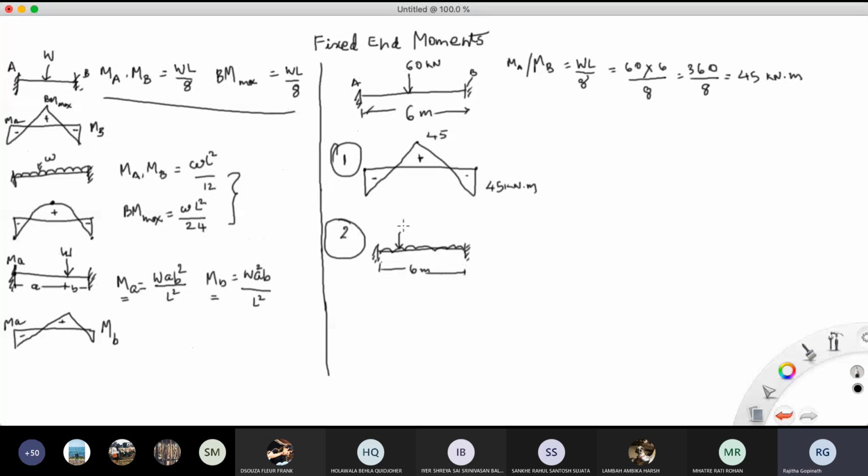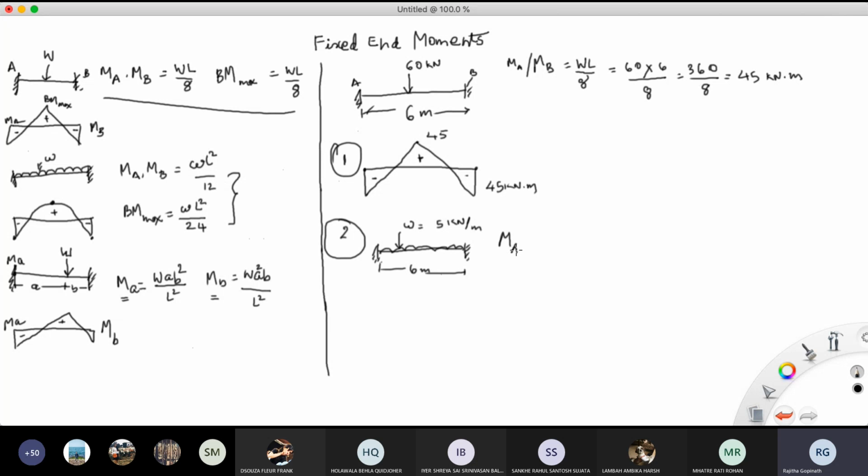Does anyone want to ask anything? Okay? It's very simple. This is small w equal to 5 kilonewton per meter. So we know that this is situation number 2 here. So MA or MB is equal to WL square by 12.